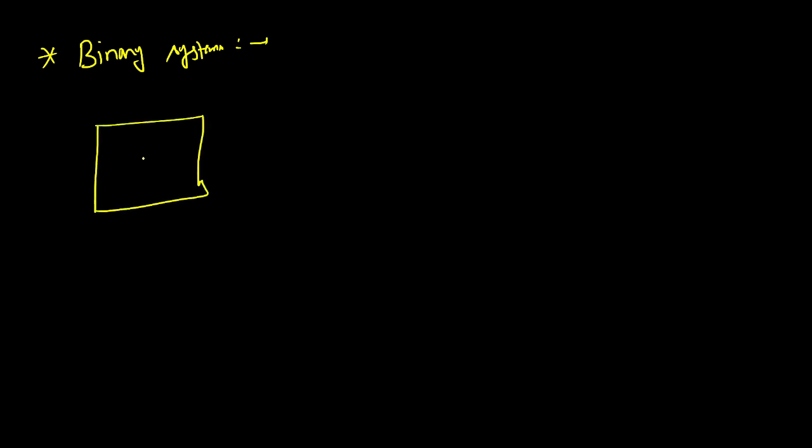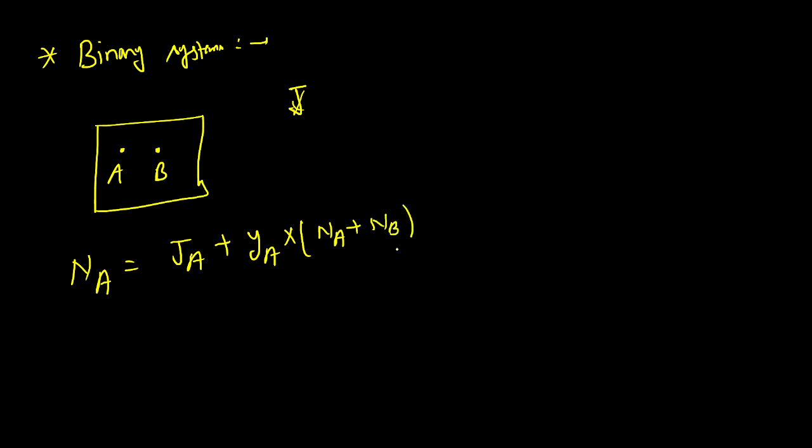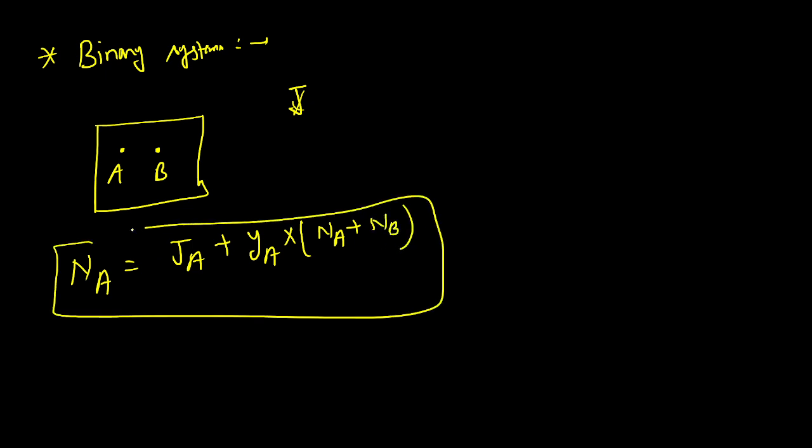Now I'm taking a binary system, right? If there are only two components, a system in which component A is there and component B is there, can I write that? We can write NA equals JA plus YA multiplied with (NA plus NB), right?